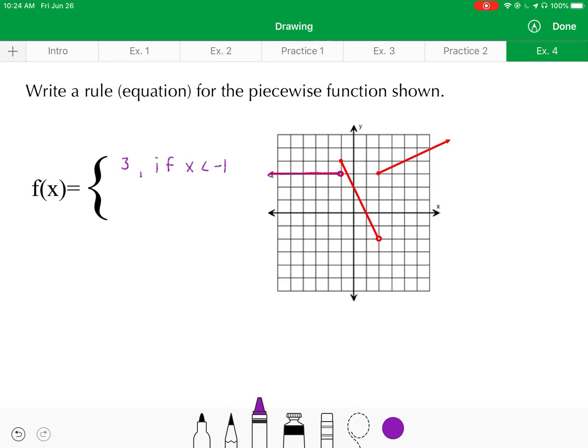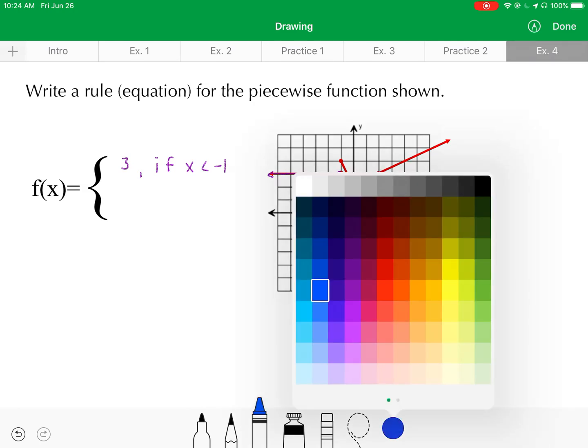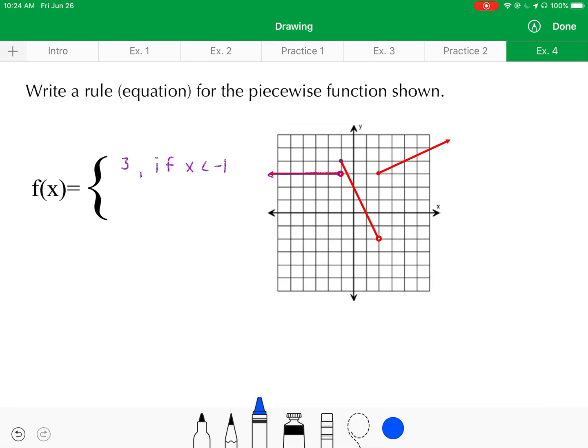Okay. All right, now the next piece in the middle, let's do this one in blue. Okay, so that's another linear piece. I'm going to focus on a couple things here. I'm going to focus on the fact that it's got a y-intercept of 2, and then there's a slope from that point up to the endpoint.